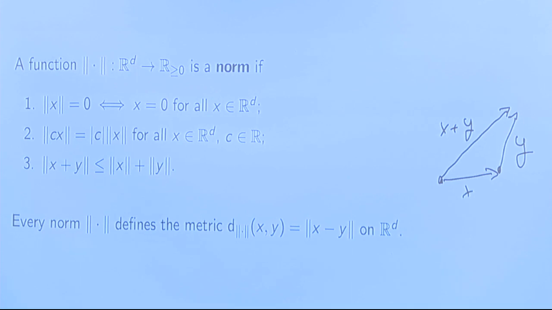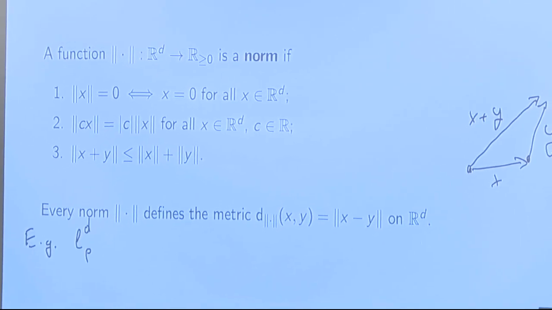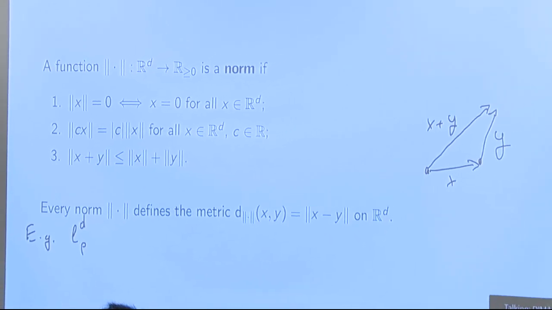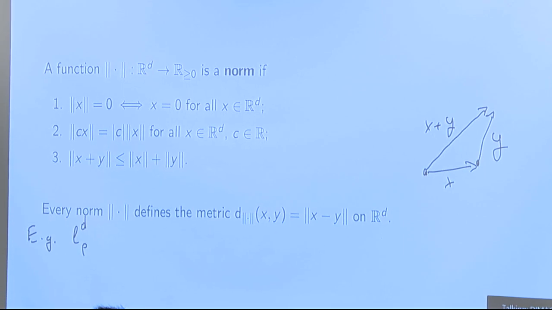Here I want to introduce a couple of examples of norms that I'll talk about over and over again. So one is the LP norms. I'll write them like this, LP to the D. This is the LP norm applied to R to the D. And here the norm, which I write like that, with subscript P, is this.